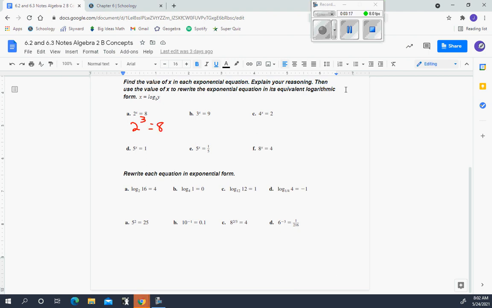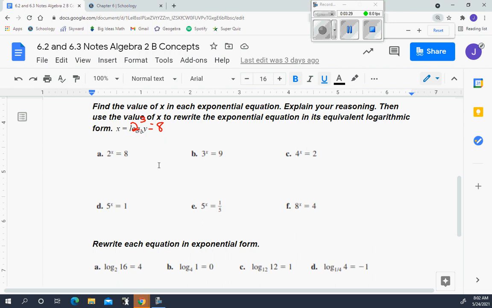And now I have to write that in log base b y form. And I'm going to zoom in here really quickly. Sorry, I'm just kind of realizing now that it's smaller font. There we go.